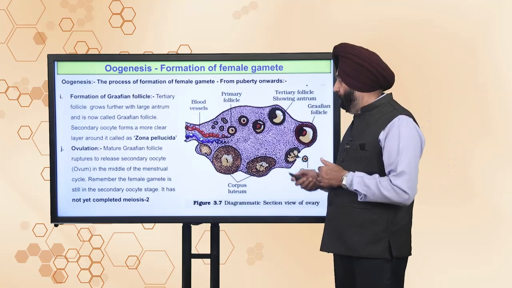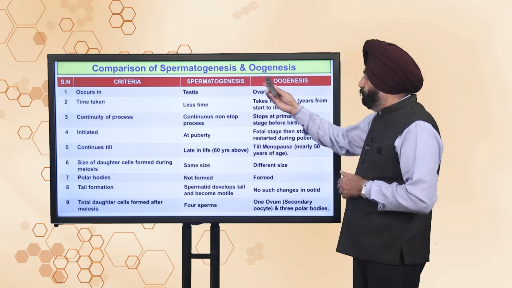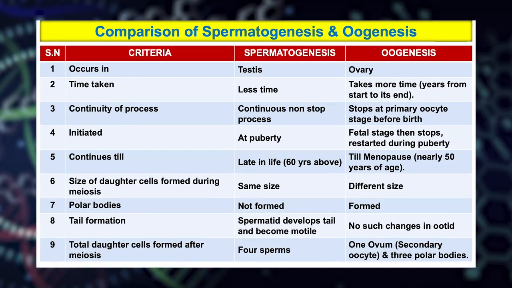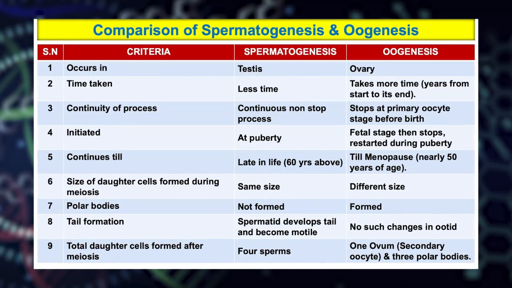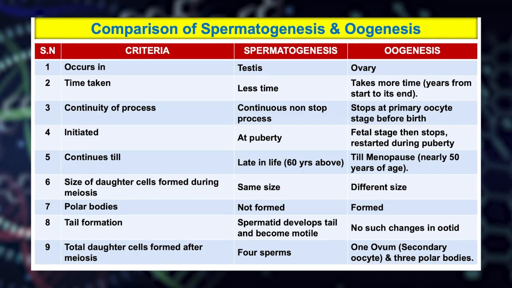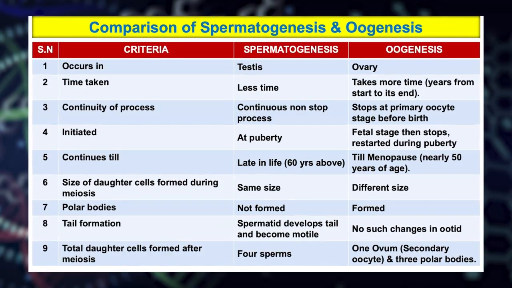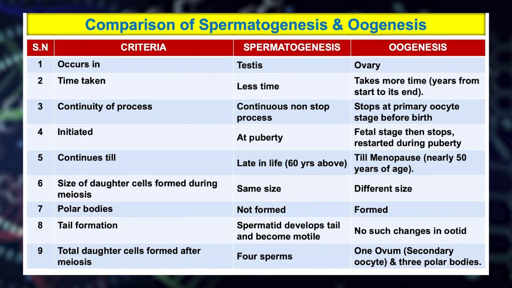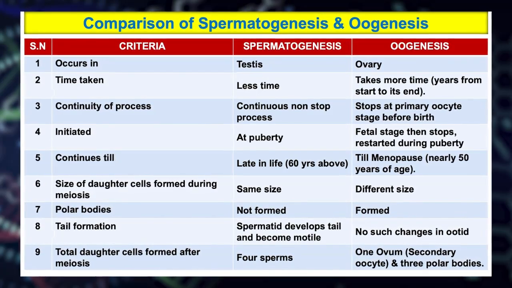Now let us compare spermatogenesis with oogenesis. If we see this particular table, spermatogenesis is a continuous non-stop process, but oogenesis stops at the primary oocyte stage before birth.